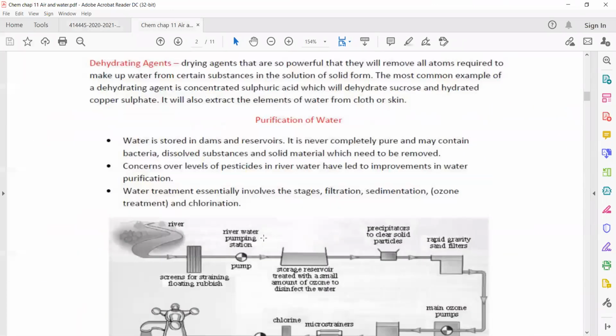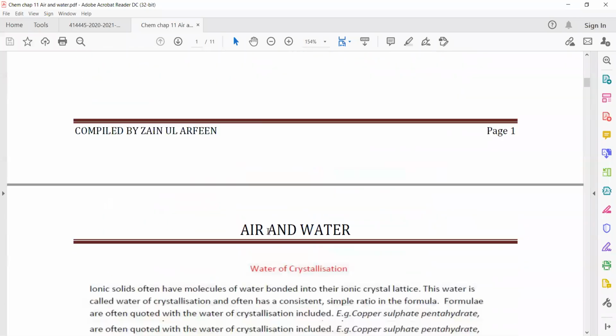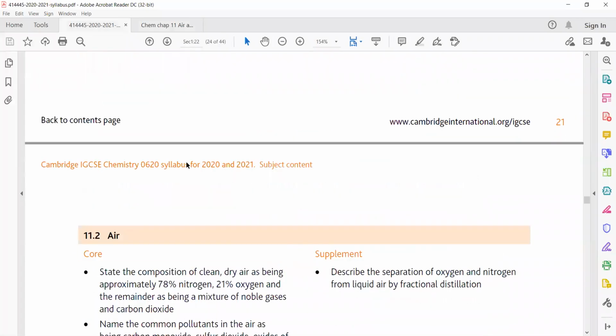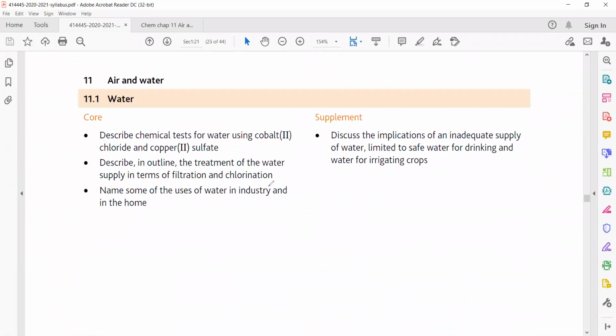Then the uses of water: you have to specify the use of the water. Ultraviolet light will not make it radioactive. Ultraviolet light does not allow bacteria to grow.